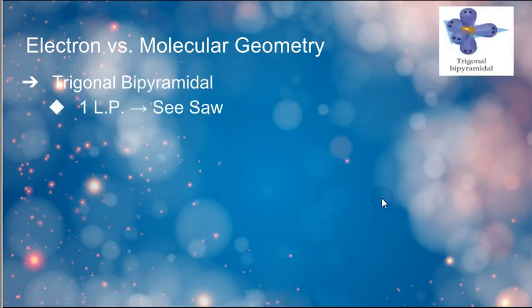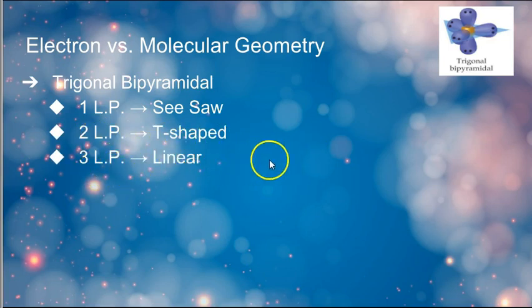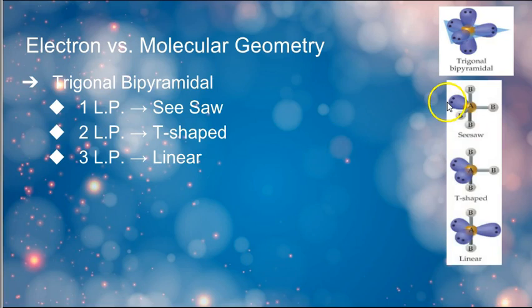Trigonal bipyramidal, if there's 1 lone pair, it's called a seesaw arrangement. If there's 2 lone pairs, it's called T-shape. If there's 3 lone pairs, it's called linear. And this is just logic. I don't really want you to necessarily memorize this. If you just know what trigonal bipyramidal looks like, and you imagine 1 lone pair, you can tell that there's going to be your linear and then 2 sticking out, and that's going to form a seesaw shape.